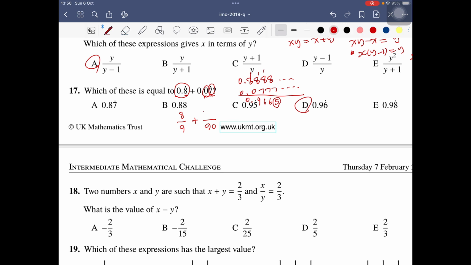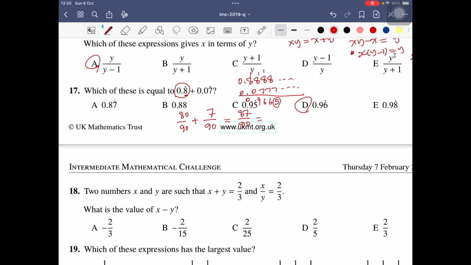And the numerator is 007 minus 00. So the whole number, and we need to subtract the non-recurring digits, but here everything is 0, so we don't need to do that. So this is 7. So 90, 80. So this is 87 over 90.